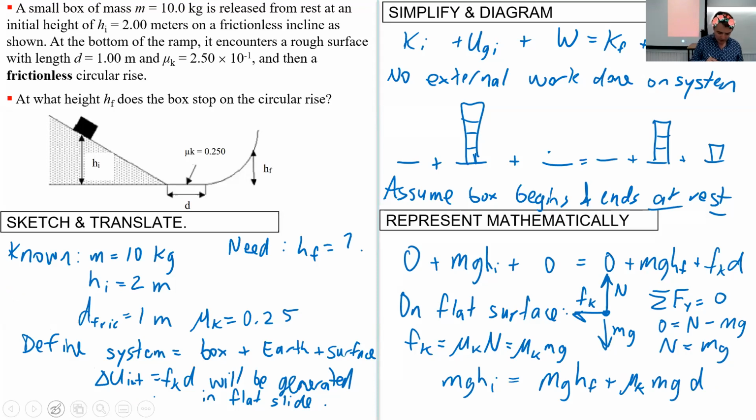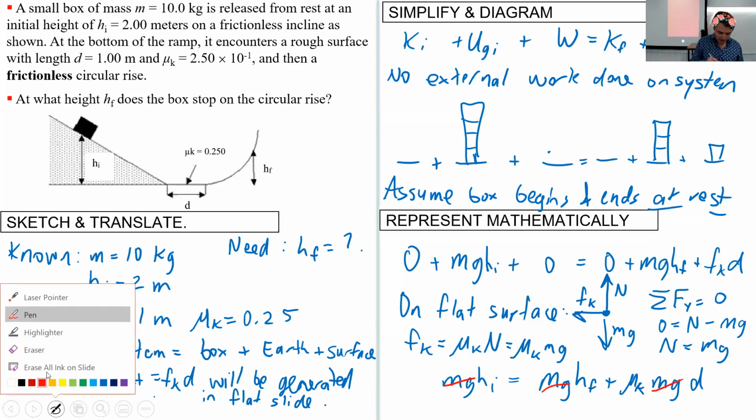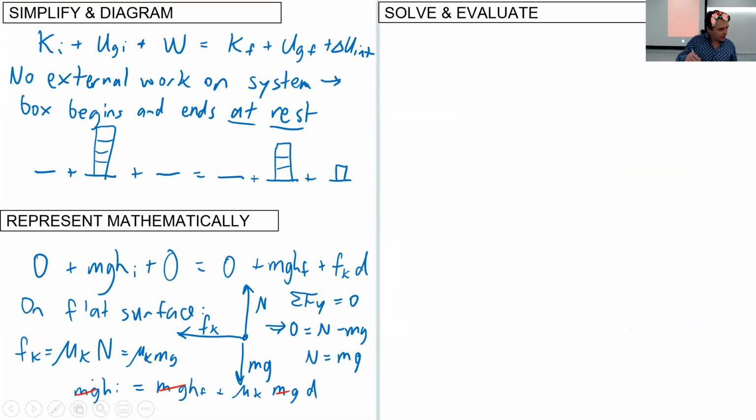And what's interesting is that the mg's cancel in all these terms, so I can divide both sides by m times g. So you've just got h initial equals h final plus mu sub k times d. So h final is equal to h initial minus mu sub k times d.